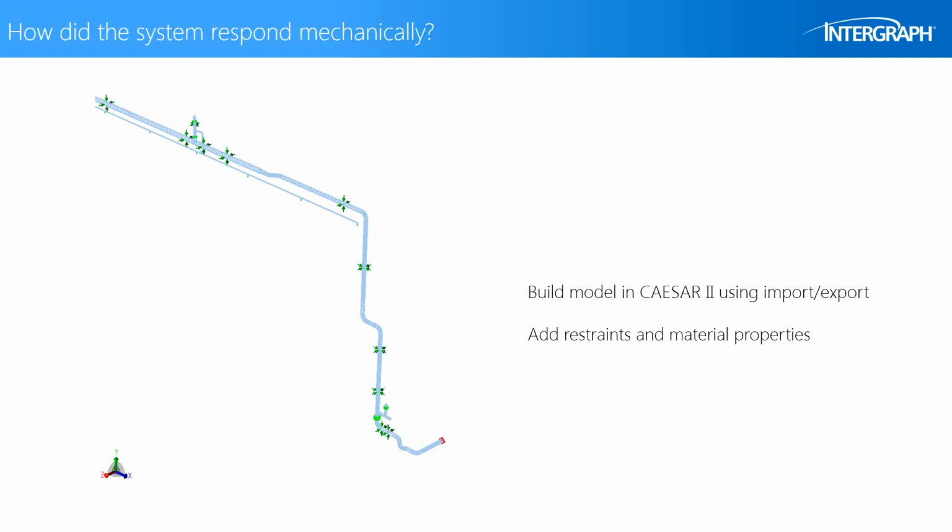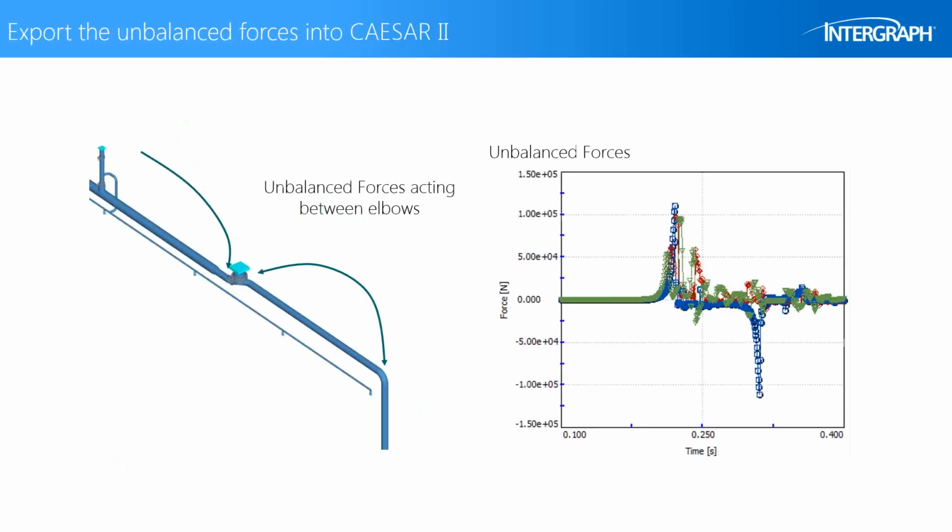So we built a model in Caesar 2 by exporting the geometry from BOSfluids, and then we added a series of restraint points, as we can see here, a series of restraints in the system, and the mechanical properties, the material properties, elastic modulus, into the model. We then wanted to ensure we exported the unbalanced forces from BOSfluids into Caesar 2.